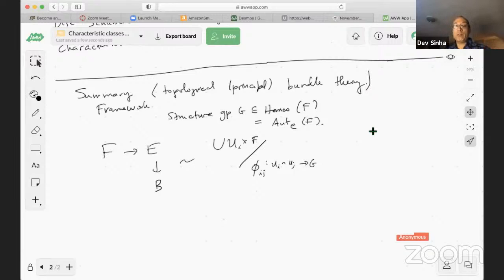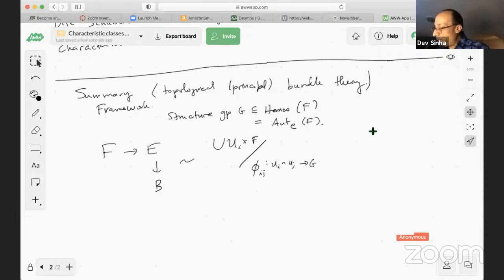But even within those, much smaller are just the linear automorphisms, once you have a linear structure on R^n. So our bundle is made of these trivial bundles over U_i's with these transition functions to relate the two trivializations.